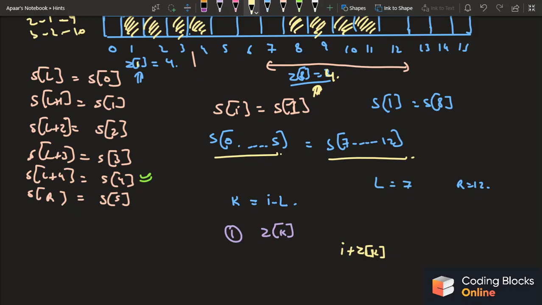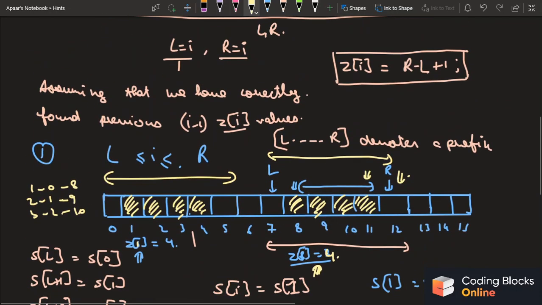If i plus Zk minus 1 is less than R, basically what I wanted to say is it should never reach the rightmost part, because we already know 4 characters were matched, it means only one thing, that yes, this was not matched. So we are sure that this will never match, because we have already computed the Z1 value, right?